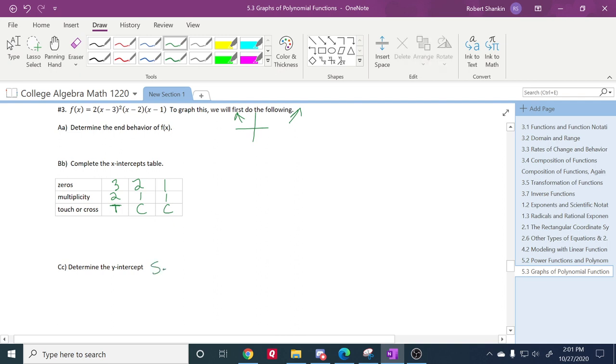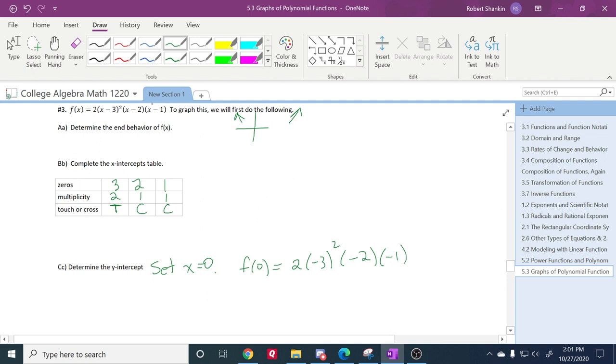We set x equal to 0. And when you set x equal to 0, you're going to get f of 0 equals 2 times negative 3 squared, you just plug it in, times negative 2 times negative 1.